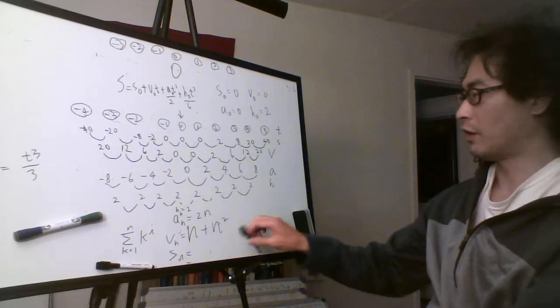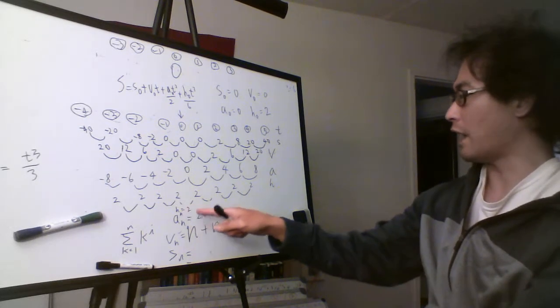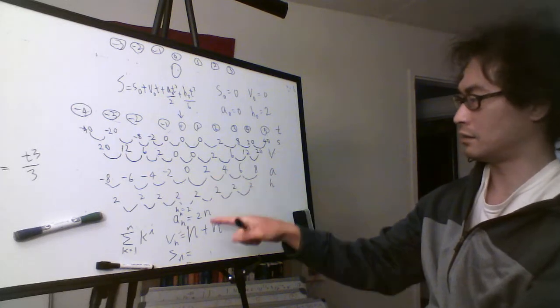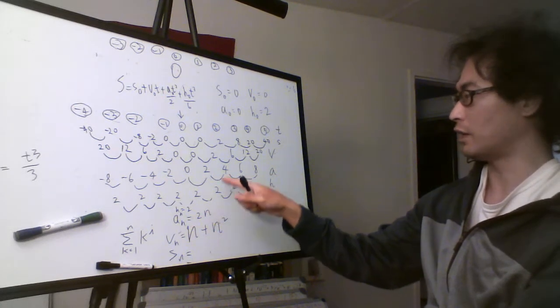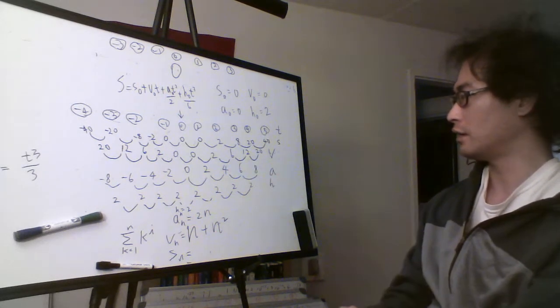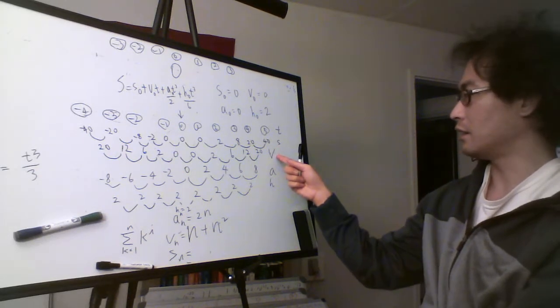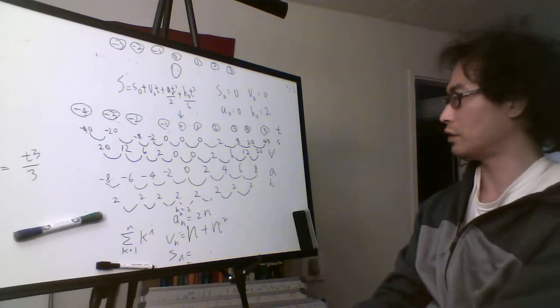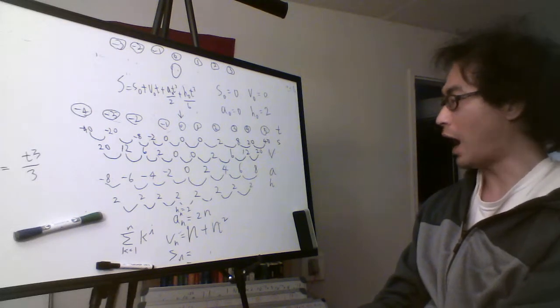So we know Hn is just 2, right? An is 2 times n, right? 2, 4, 6, 8, right? And Vn, we found that it's like n plus n squared, okay? Why?